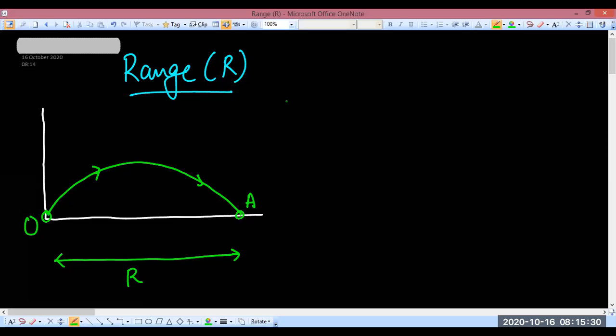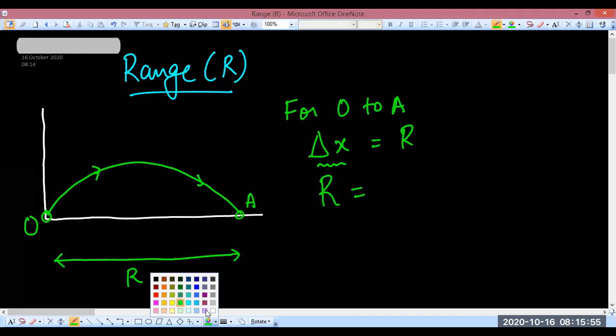Okay, so again for O to A, delta x is nothing but the range, correct? R. Clear? For O to A, delta x is R. So we can write R is equal to, now instead of delta x, we have derived something earlier, right? Do you remember what we have derived? What is delta x equal to earlier?